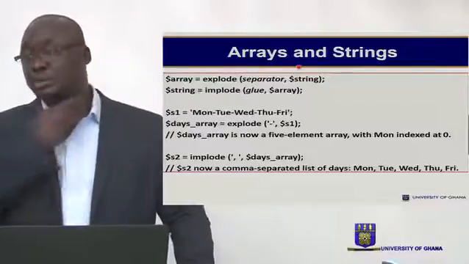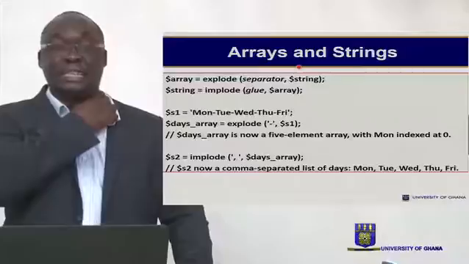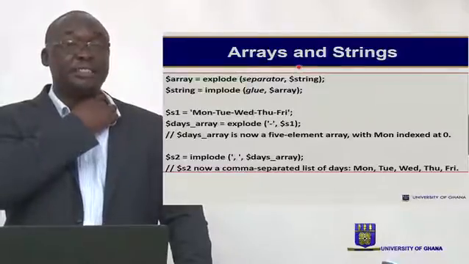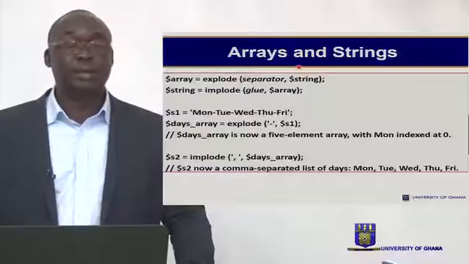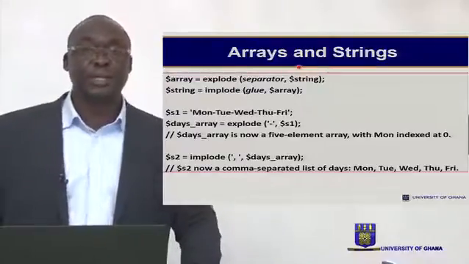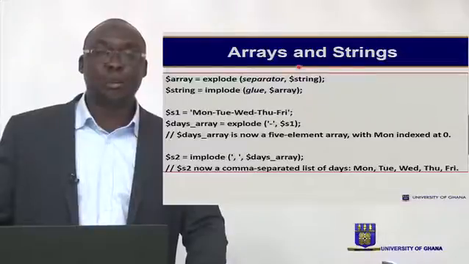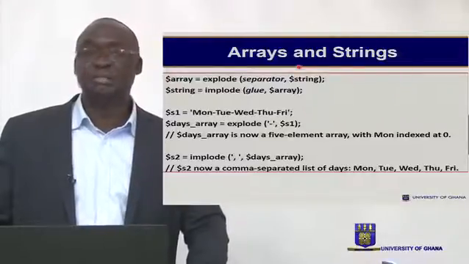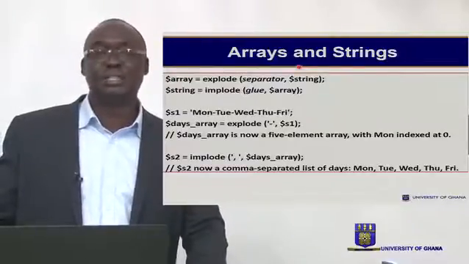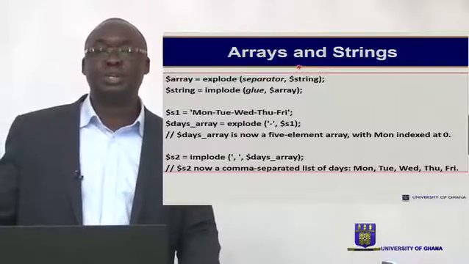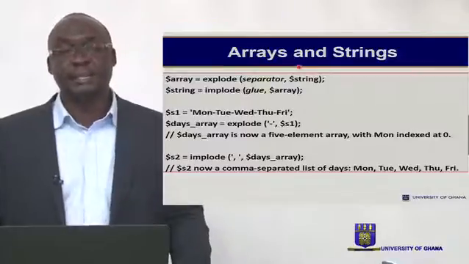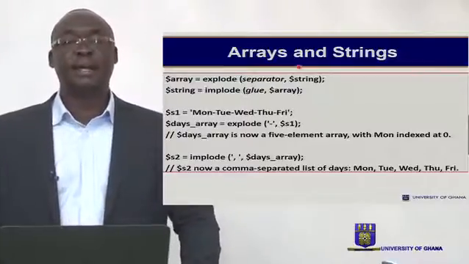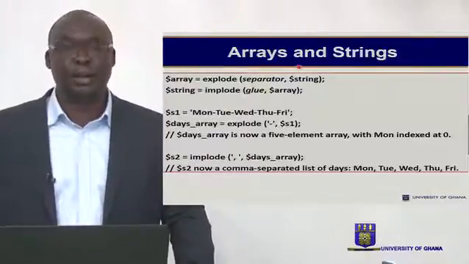So for instance, you want to store user data in a file. In the file, you will store it as user ID, comma, user password, comma, username, comma, first name, last name of the user, role of the user. These are data items you will store as records on your file, and each of these data items will be separated by a character, usually a space or a comma.